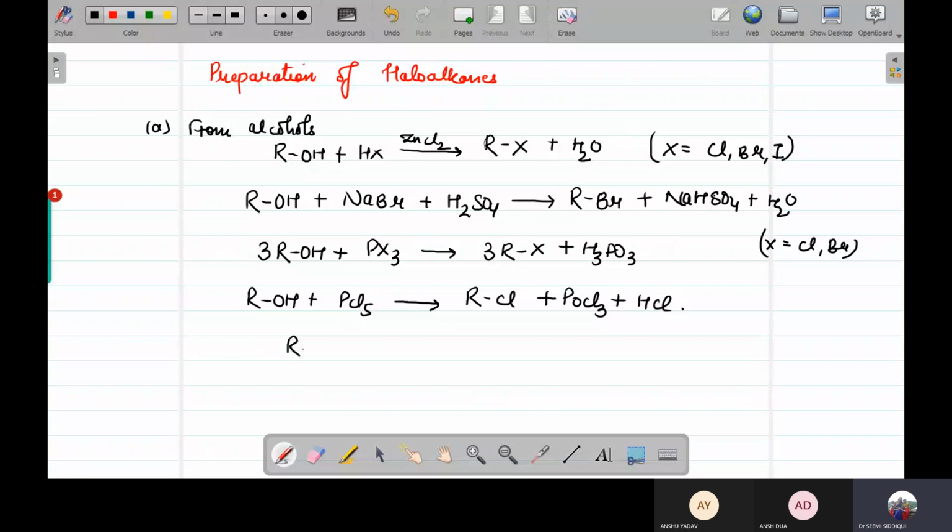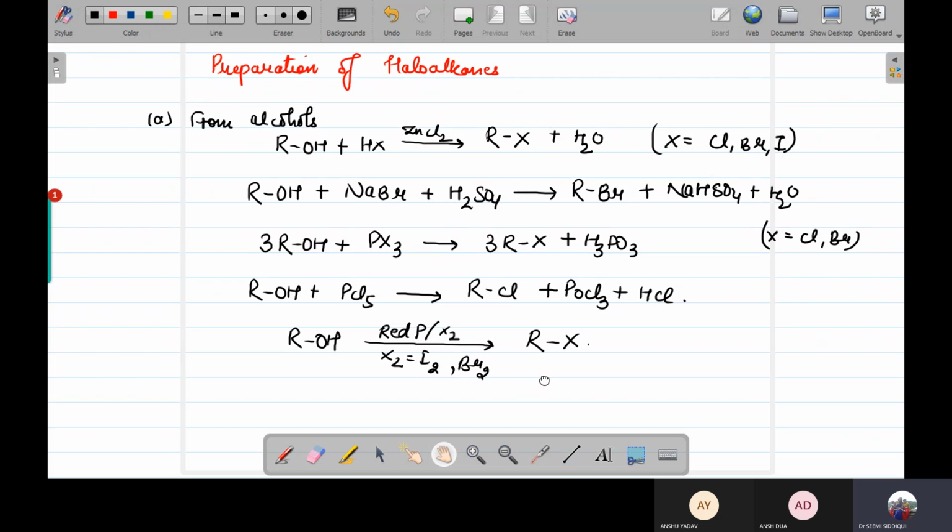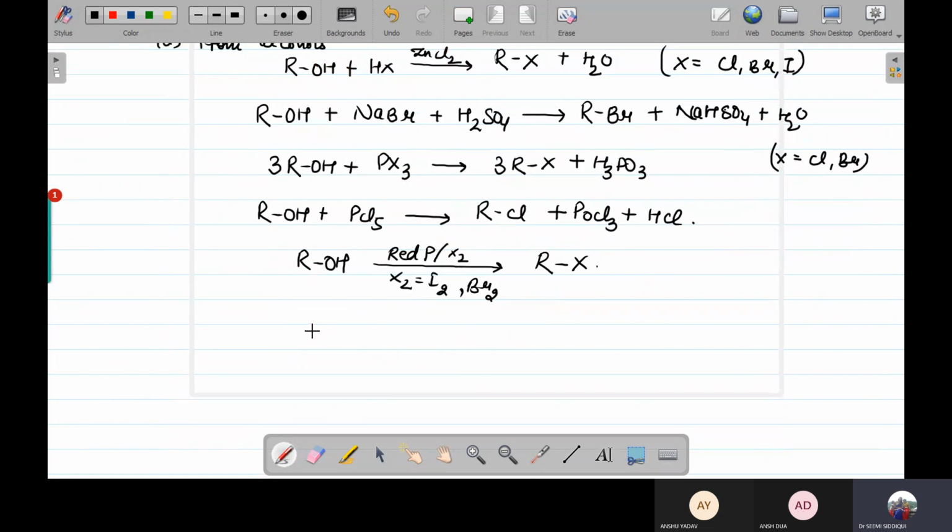Another method can be taking an alcohol and making it react in the presence of red phosphorus with a halogen molecule. Your halogen can be iodine or bromine, to get the haloalkane.